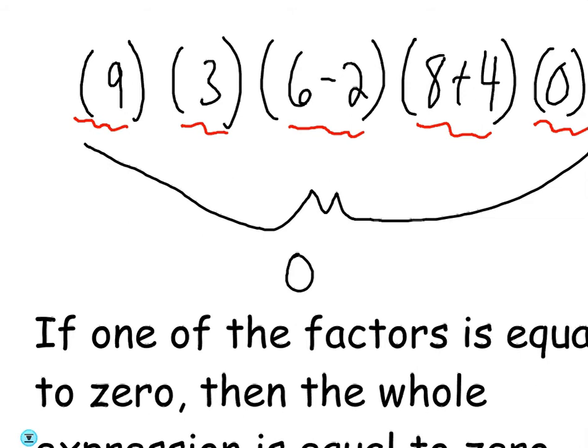Well, let's just imagine if you had a bunch of numbers, okay? So here we have 9 times 3 times 6 minus 2, 8 plus 4, whatever. But what we have on the end is times 0. So actually, it doesn't matter what any of this is. It equals 0.